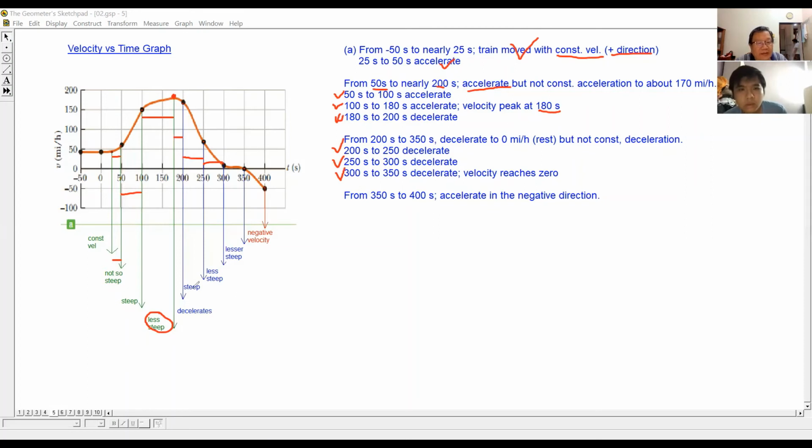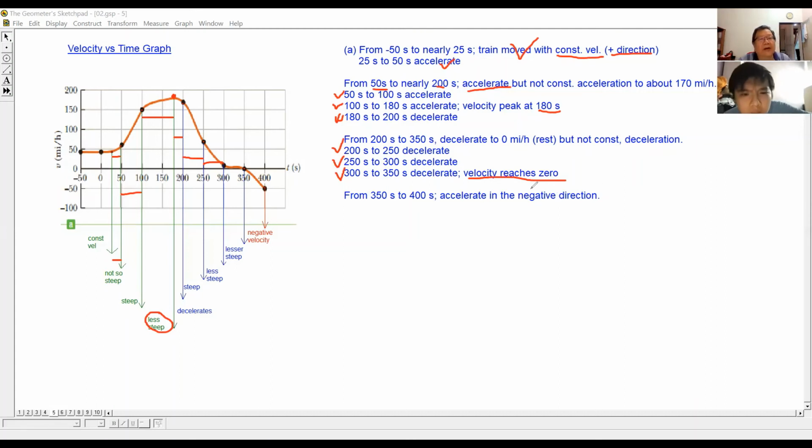This one is steeper, this one is less steep, and this one is even less. From 300 to 350, it is almost flat. And when it reaches 350, it is exactly at the x-axis. So the velocity reaches zero. From 300 to 350, it decelerates until the velocity reaches zero.